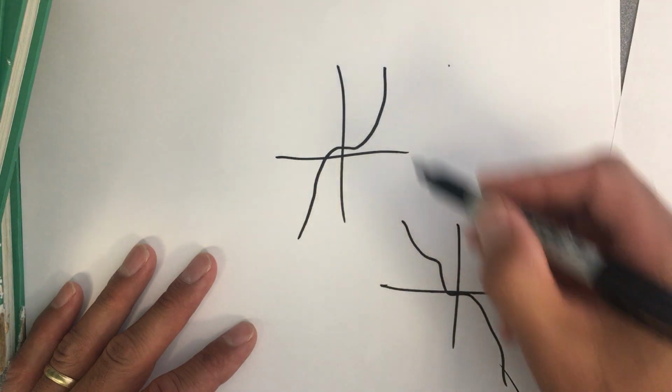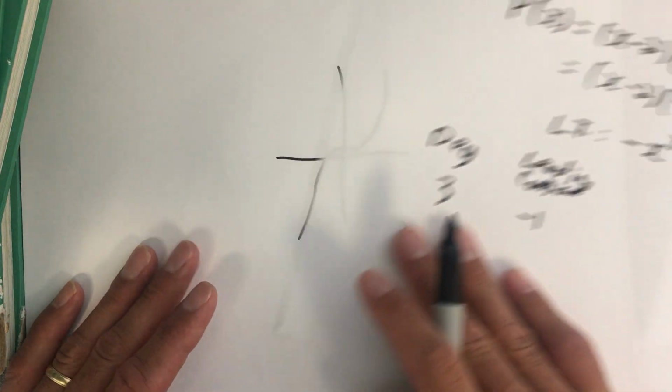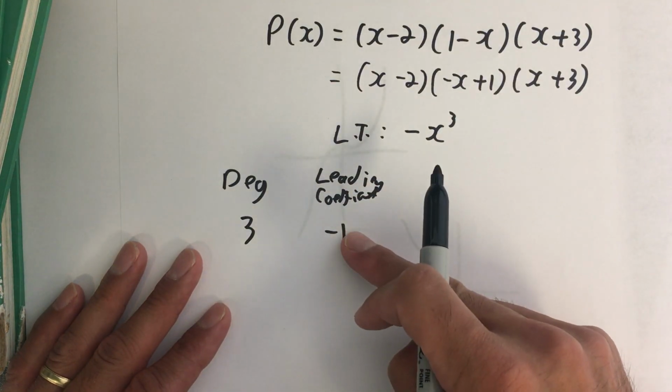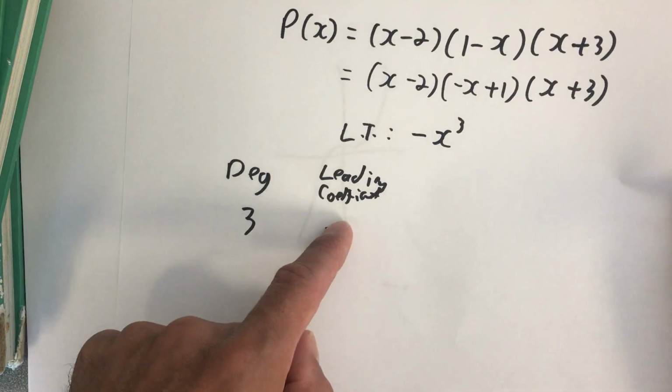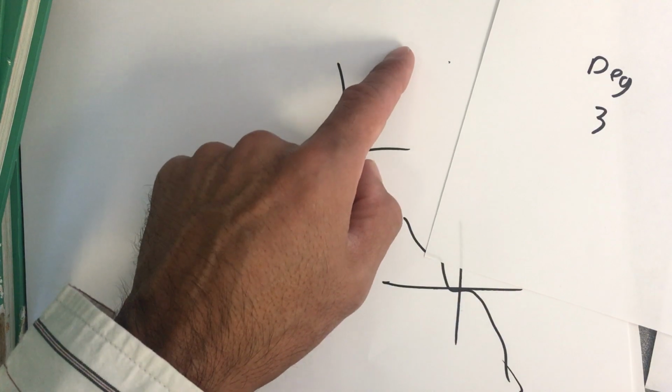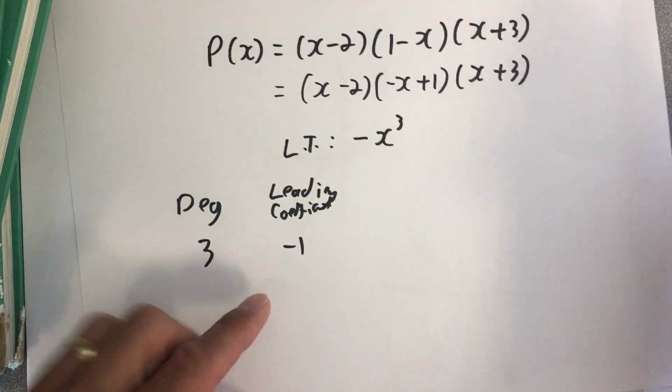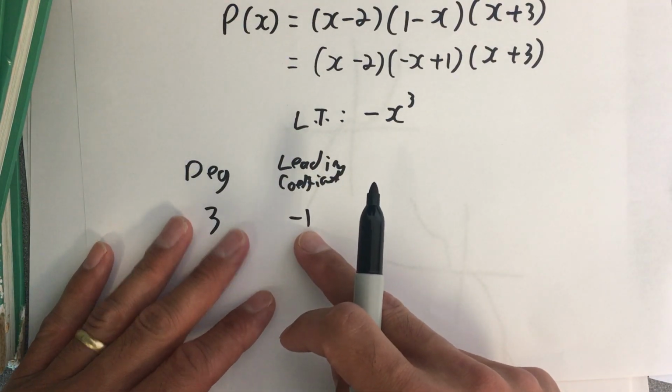How do you tell if it's this one or that? You look at the leading coefficient. If your leading coefficient is negative, it's coming down. If your leading coefficient is positive, it's going up.